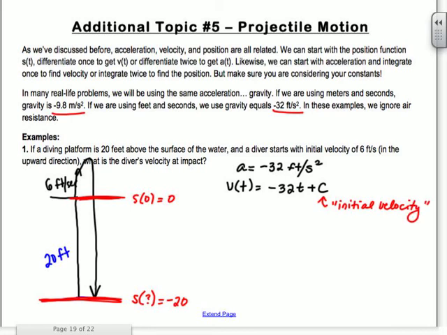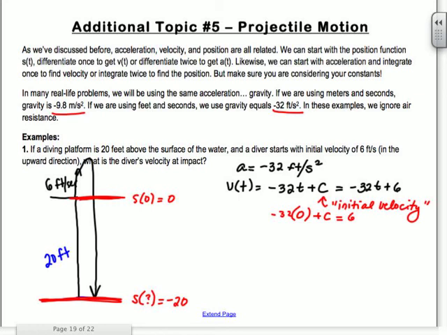Does that make sense? Because if you plug in 0 for t, you get, at time 0, what the velocity was. So in our case, initial velocity was 6, and it was in the upward direction, so it's positive 6. So c ends up being 6. So negative 32t plus 6.